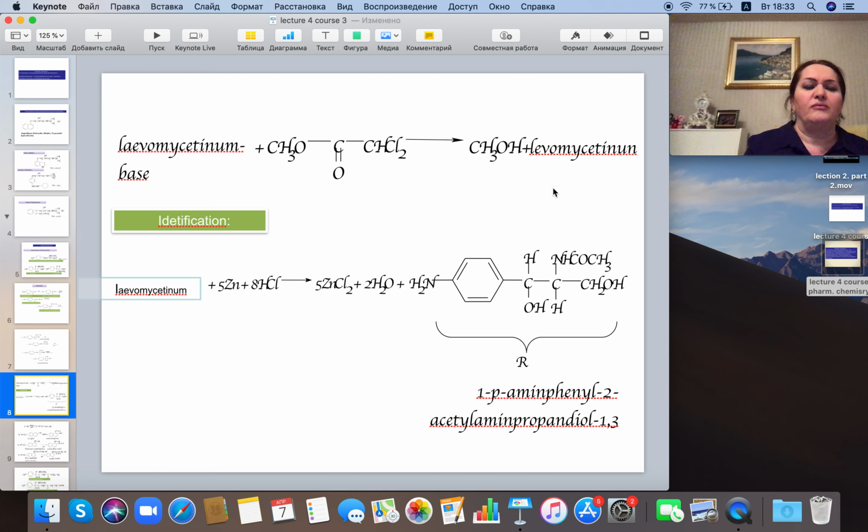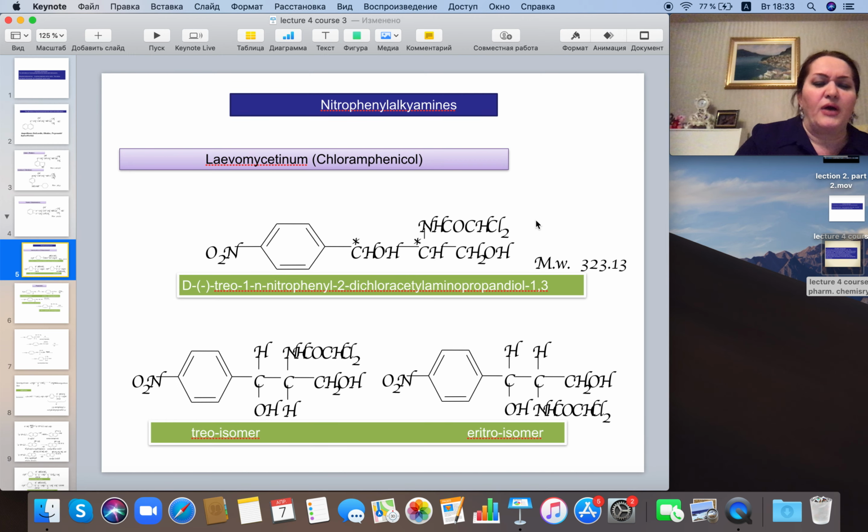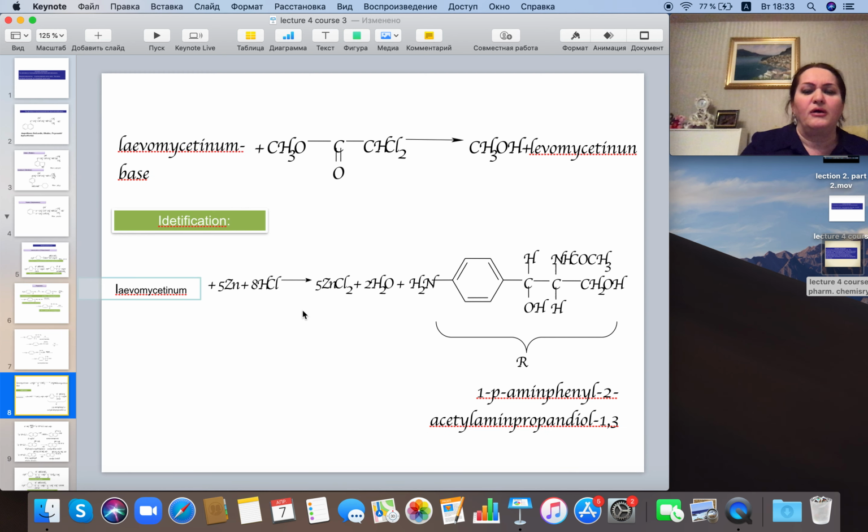You must know that levomycin is here as a D-threo and L-threo mixture, and to this mixture we add tartaric acid.